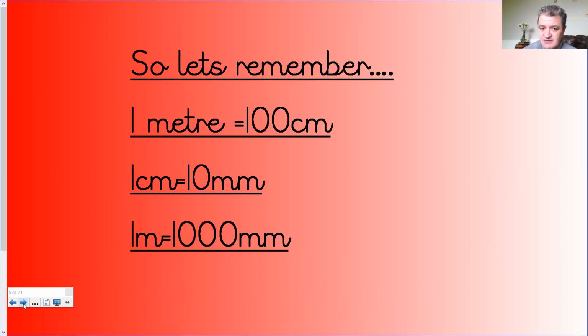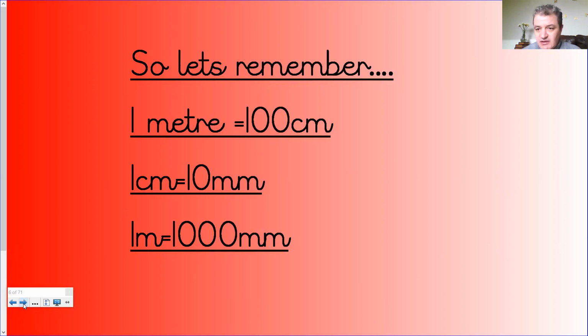Milli means 1,000. The centimeter is 100th of a meter, or there's 100 centimeters in 1 meter. Same applies for millimeters, 1,000th of a meter, or we can say 1 meter is 1,000 millimeters. And therefore, 1 centimeter equals 10 millimeters.